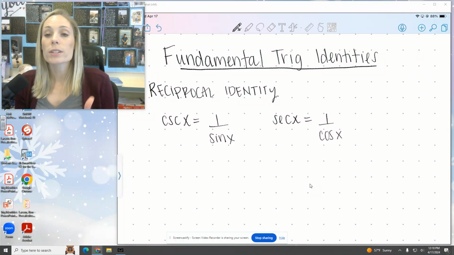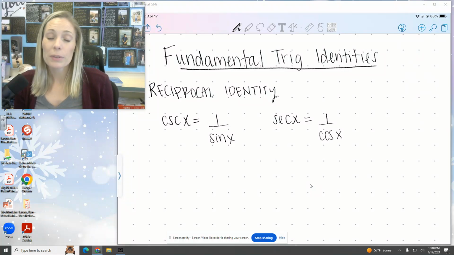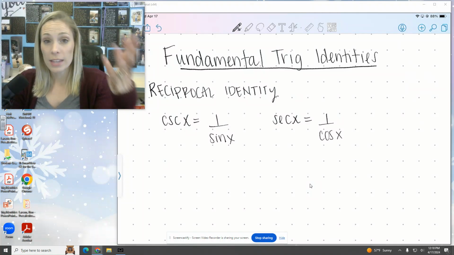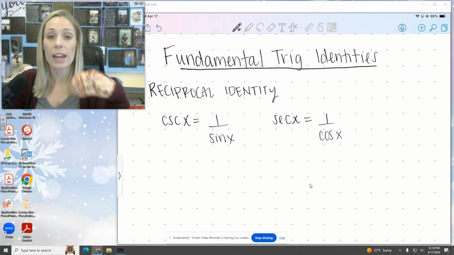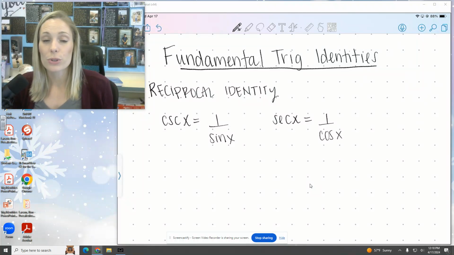These are our most common reciprocal identities. It's not all of them, but these are the most common. And if you've got these in your head and you know that cosecant of x is the same thing as 1 over sine, or sine is the same thing as 1 over cosecant, then all of a sudden, these identities become so much easier.